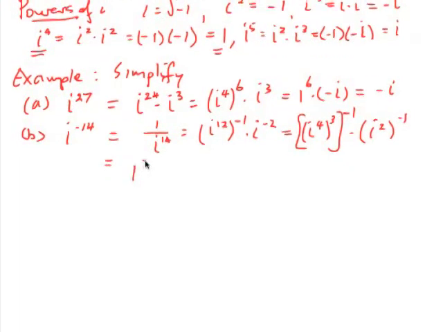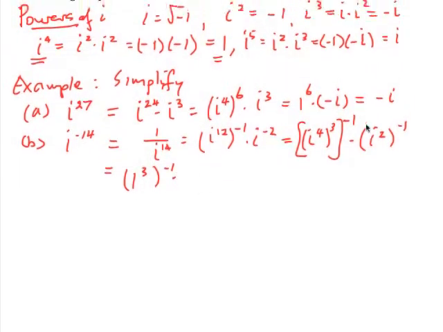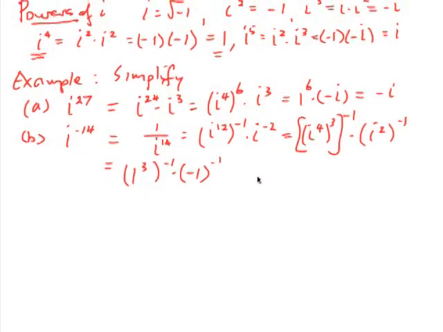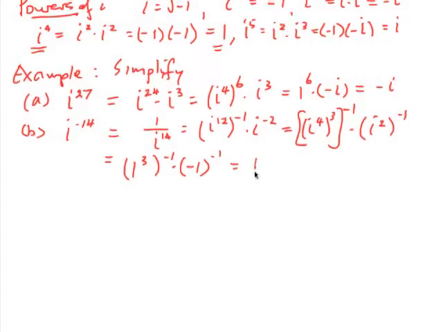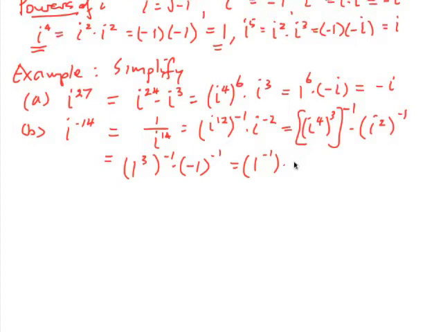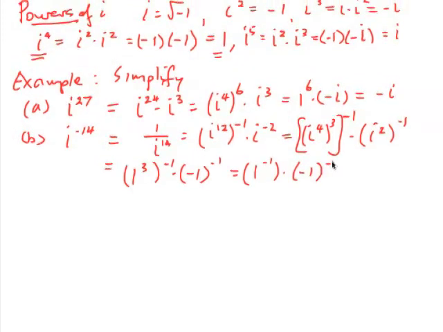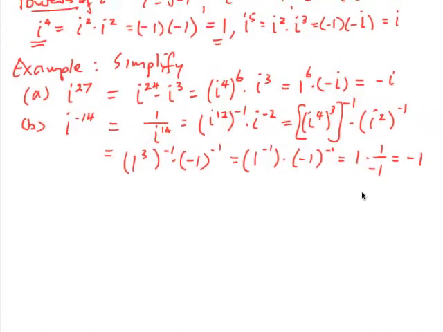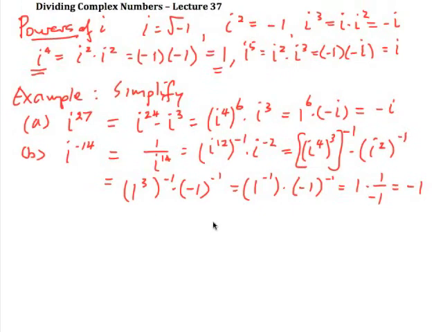So this would be, of course, 1 cubed to the -1 times, now what's i squared? i squared is -1 to the -1. So of course this is 1 to the -1, by -1 to the -1. So this is going to be 1 times 1 over -1, which of course will be -1.